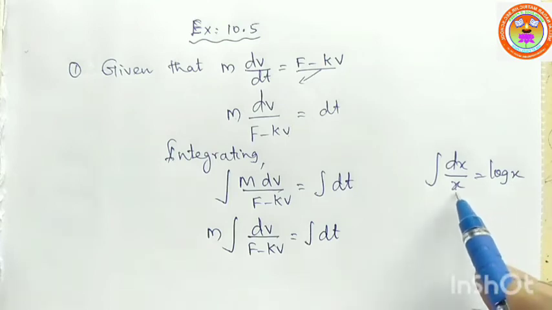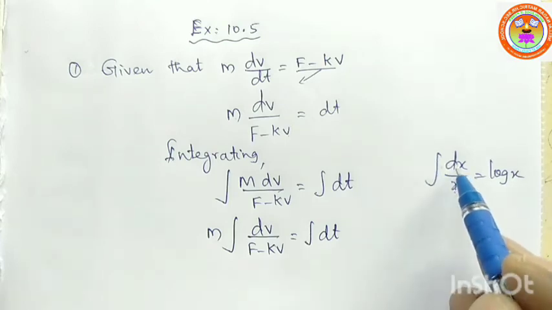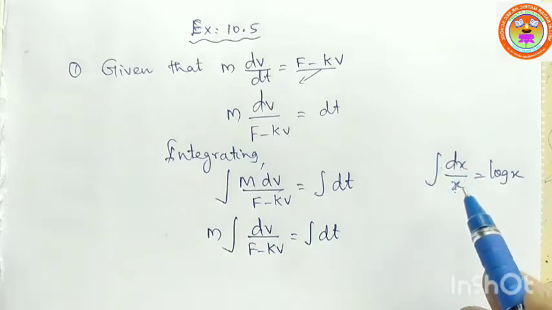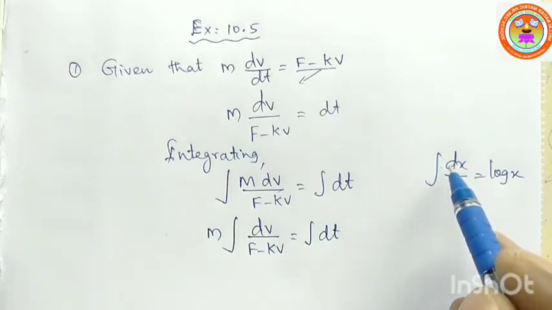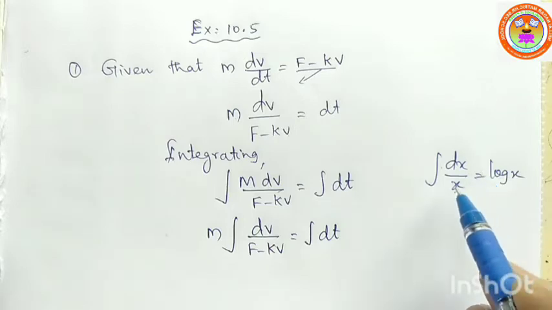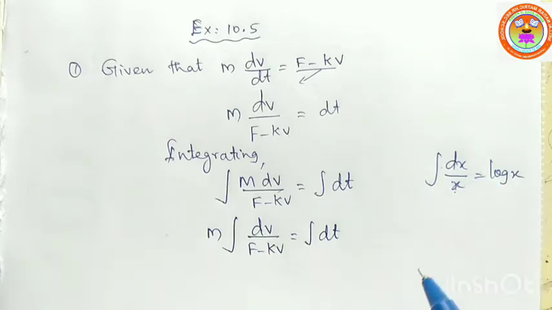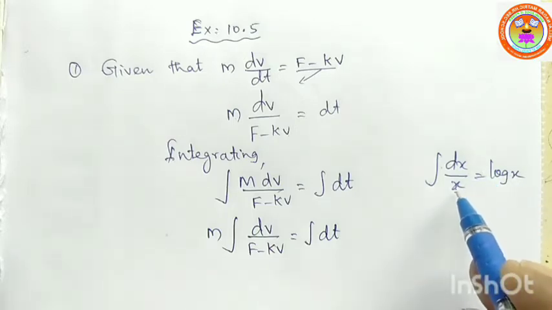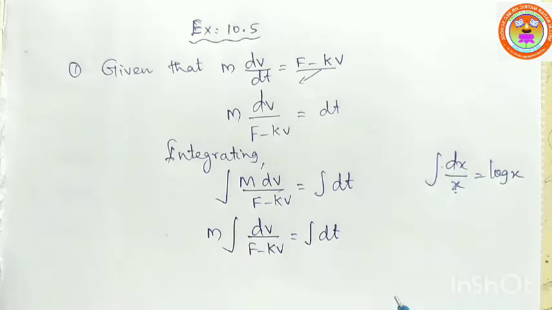The differentiation of x is 1 into dx. Differentiation of the denominator is there in the numerator, so the answer is log of x. That is why we are writing log x.